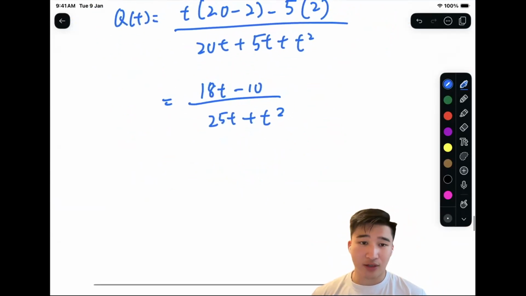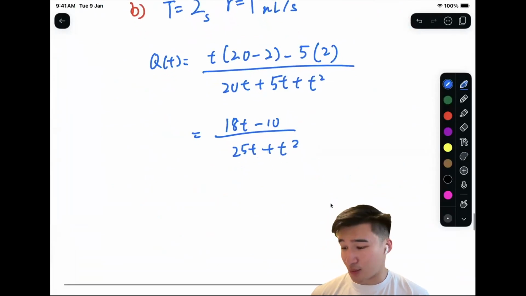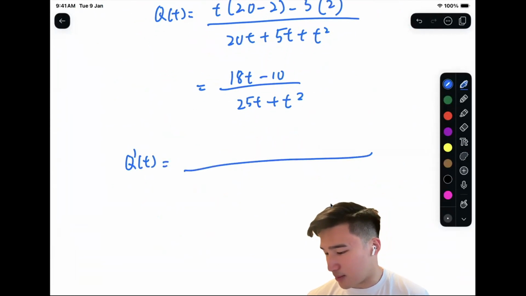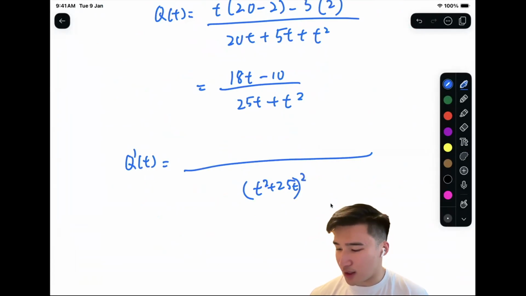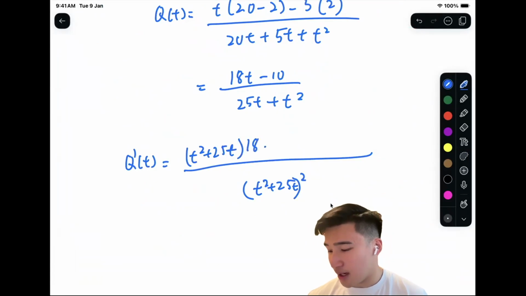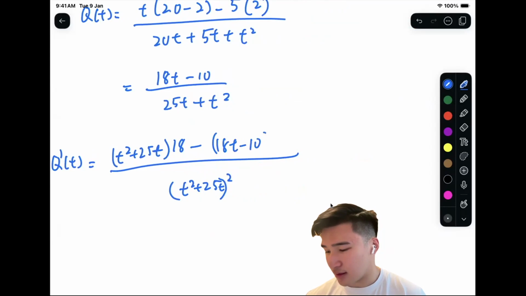So here we can start doing the differentiation. Now we can use the quotient rule: Q'(T) is the numerator derivative times the denominator minus the numerator times the denominator derivative, divided by (T squared plus 25T) squared. So we have T squared plus 25T times 18, minus (18T minus 10) times (2T plus 25).